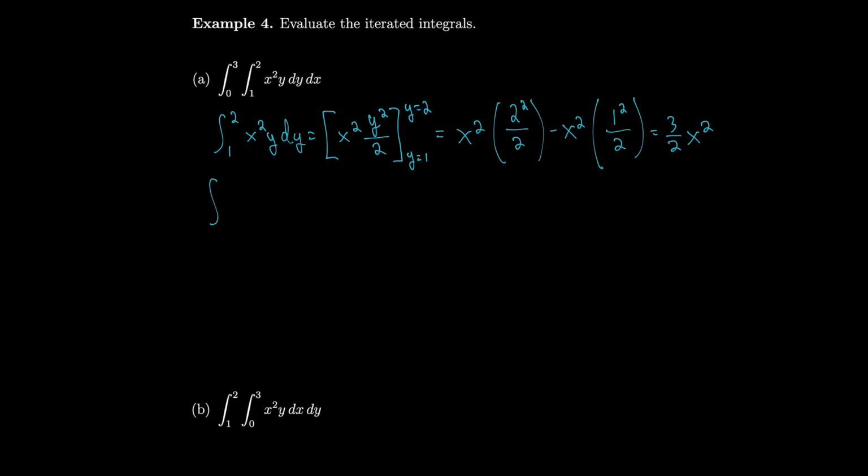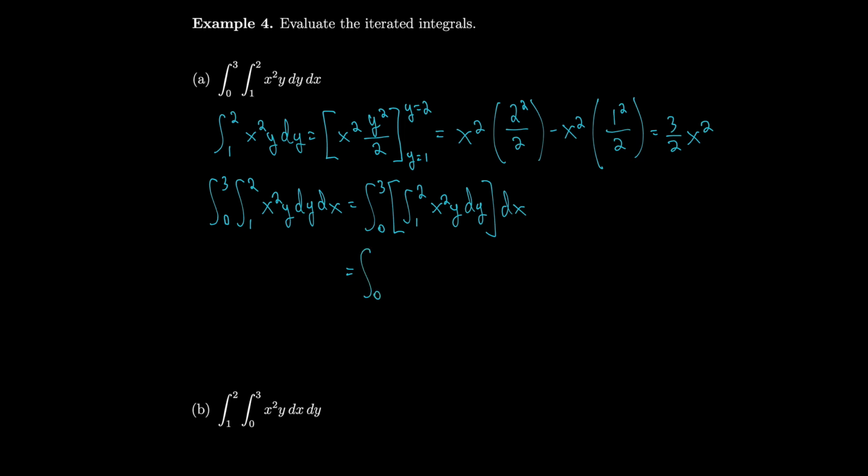Now that means that when I do my iterated integral from 0 to 3 and then 1 to 2 of x squared y dy dx, I just have to integrate the thing that I just partial integrated. I'll do that with respect to x because my function now is just a function of x. It's just 3 over 2 x squared.